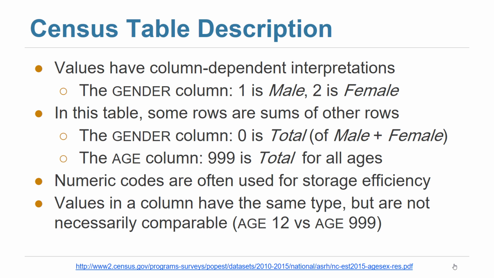We can compare 12 with 60 or 70, but the special value 999 is not comparable. It could be 1000, it could be anything. It's just a special value that was not used before, to indicate that this is the total. It could be -1.